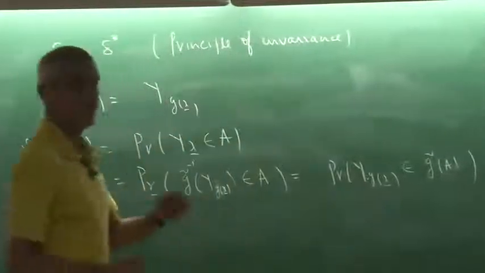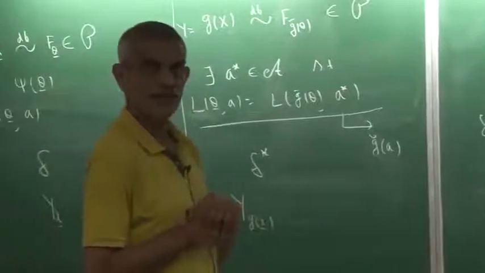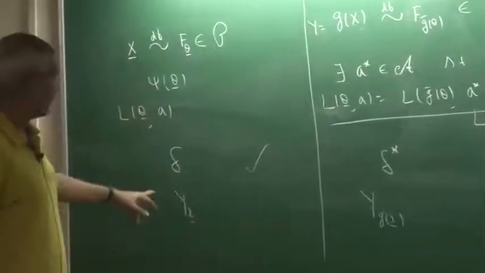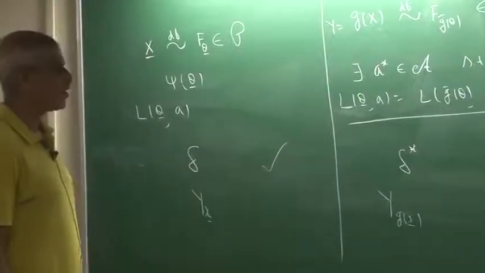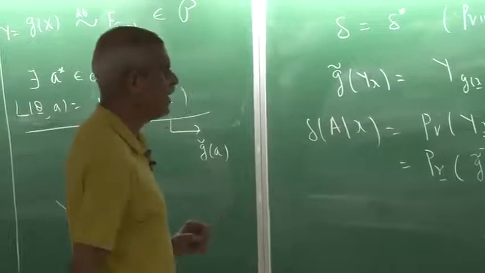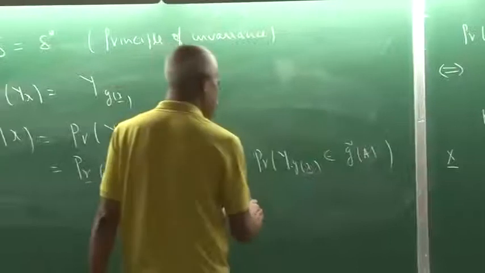But what is this? What was the y of x? Y of x was an action over here, which was nothing but delta of a given x. So the probability that y of x belongs to a is the same as delta of a given x. So what is the probability that y of gx belongs to g tilde a?